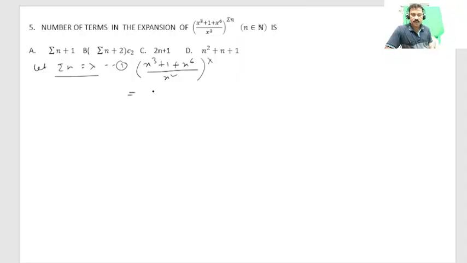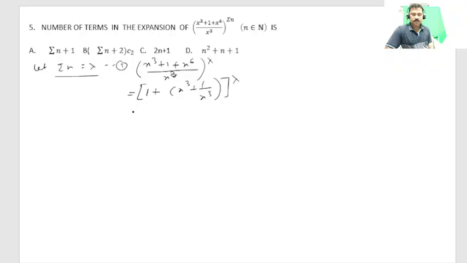We write this, oh, this is x cube. We write this as 1 plus x cube plus 1 by x cube whole to the power lambda.